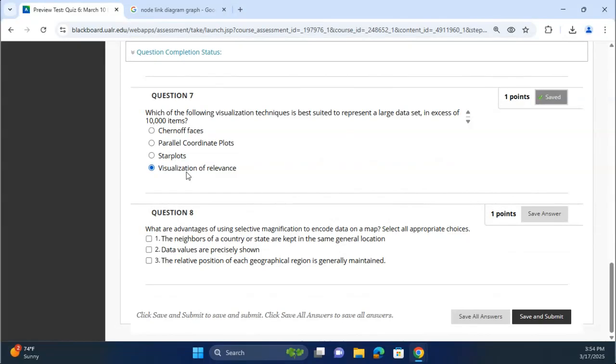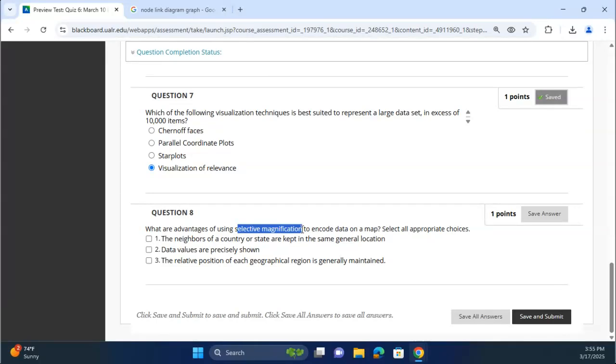The original purpose for the visualization of relevance was to look at small databases, so 10,000 databases in general, and understand them. And this one talks about selective magnification to look on a map. The idea there is we use a map, but then we take some pieces of that map, like some countries, and multiply them or shrink them based on some data.